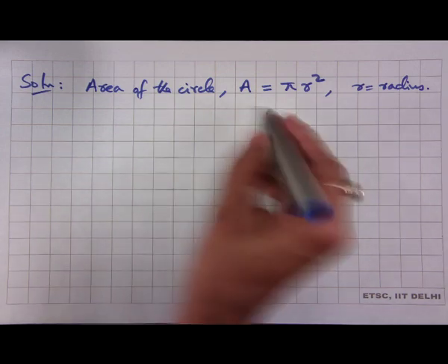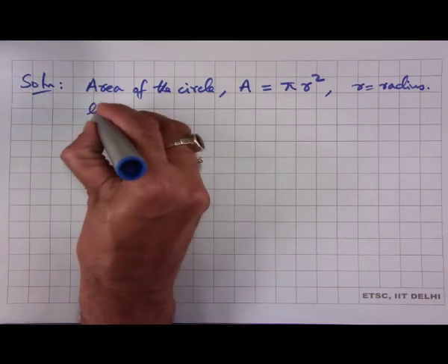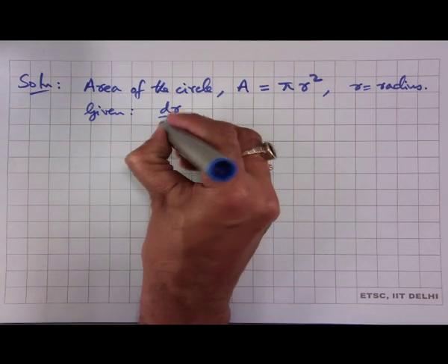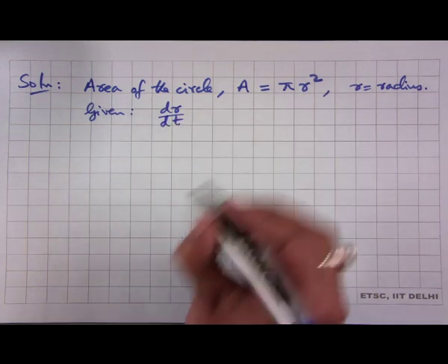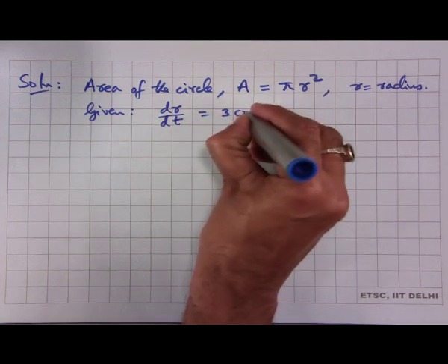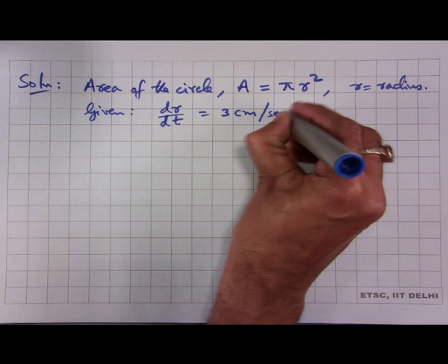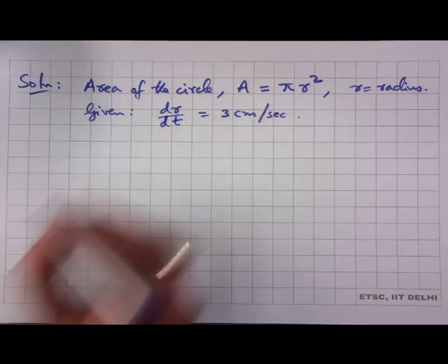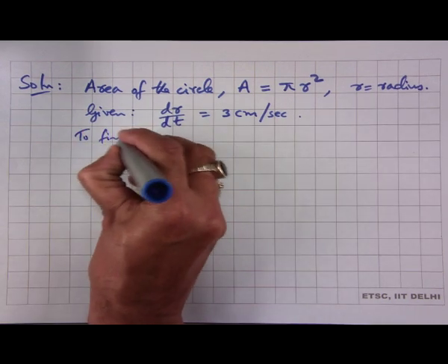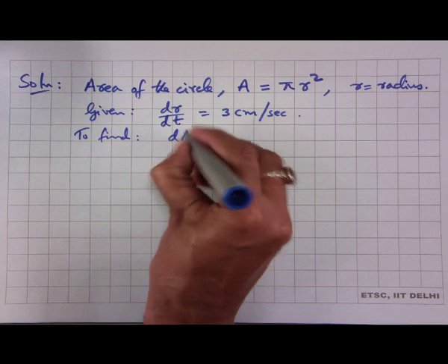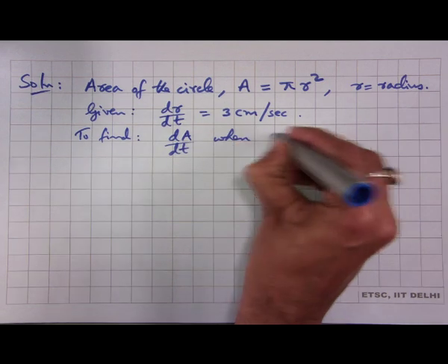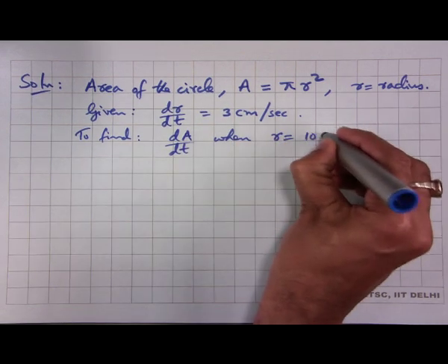And then what is given is that the rate at which radius is increasing, dr/dt, is equal to 3 centimeter per second, and what we have to find is dA/dt when r is equal to 10 centimeter.